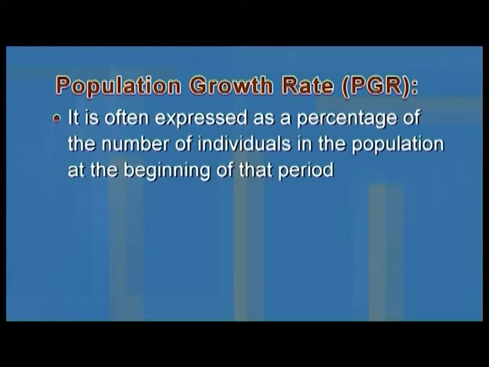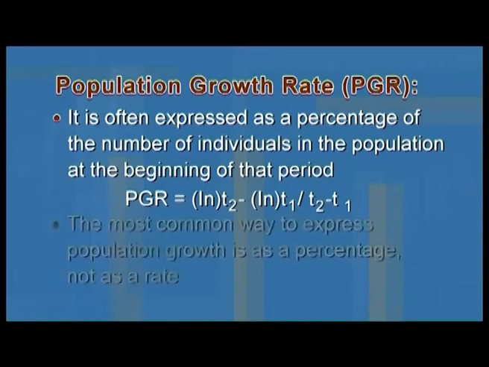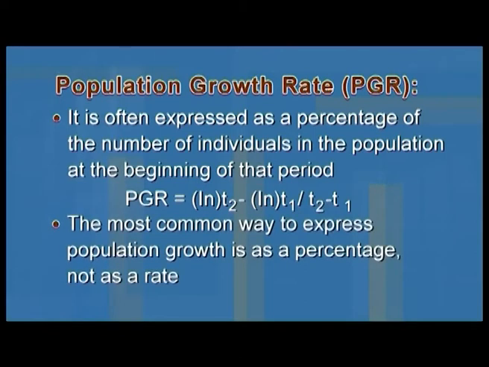This can be written as the formula PGR equals individuals at the time period T2 minus the individuals at the time period T1, divided by T2 minus T1. The most common way to express population growth is as a percentage, not as a rate.